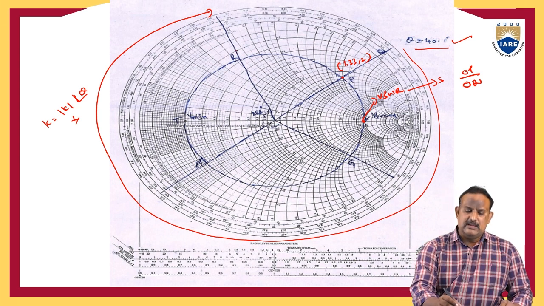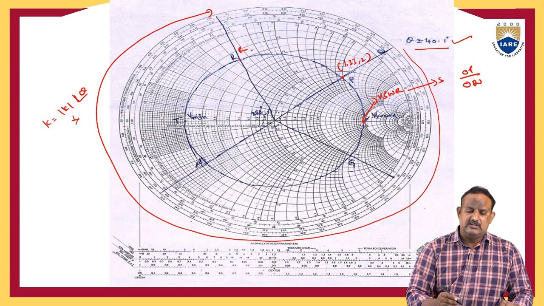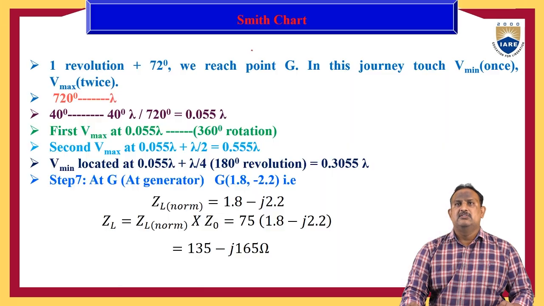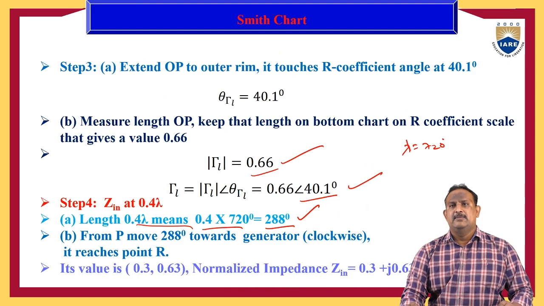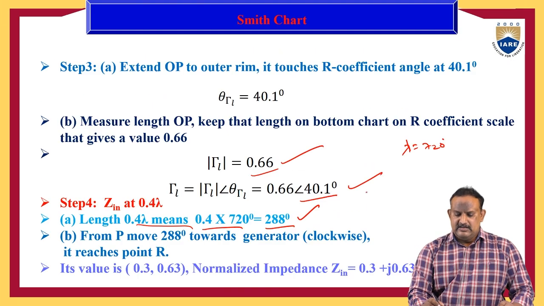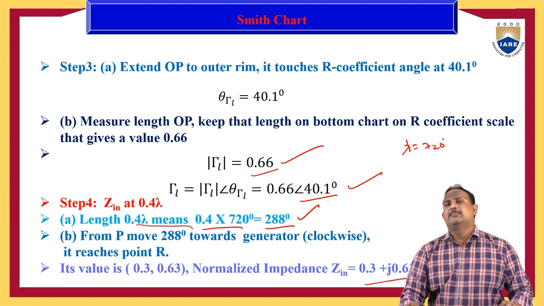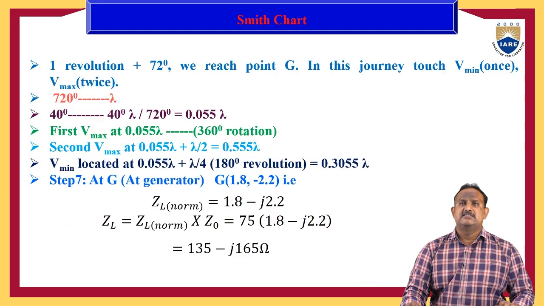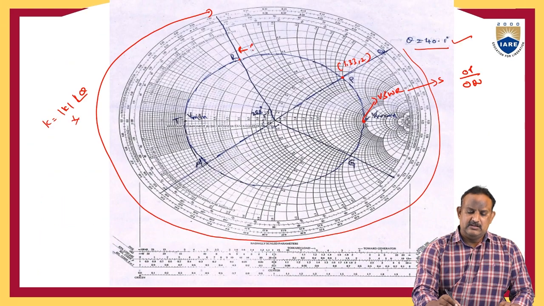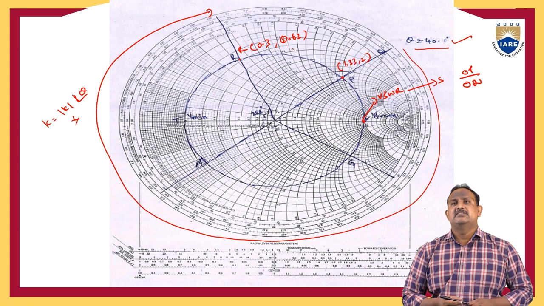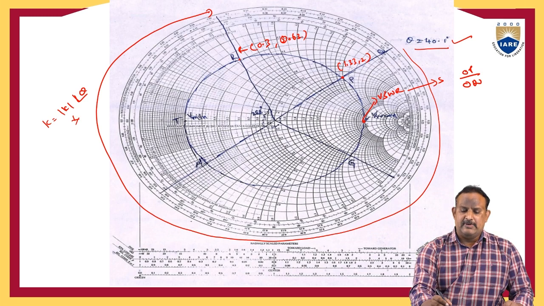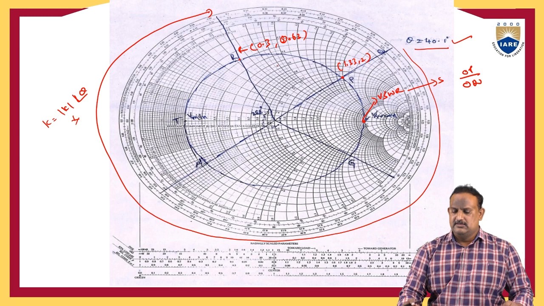Extend a line from the origin, and it touches the circle at R. Here we need to measure that point R. The coordinates of the point are 0.3 plus j0.63. 0.3 represents the R circle and 0.63 represents the X circle.